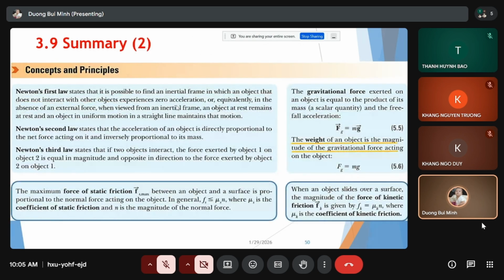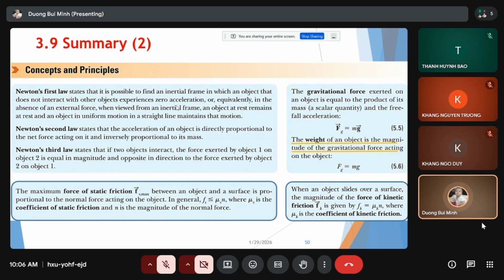So, summary, we finished lecture 3. We have some concepts and the principle of force, and I gave you the key content. You need to understand how to analyze the force, how to choose the references correctly, and how you can determine the moving directions and the acceleration direction.